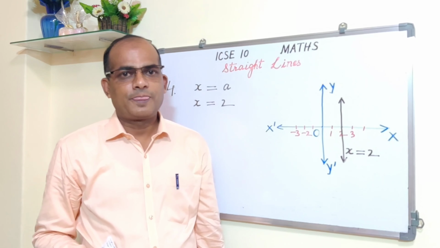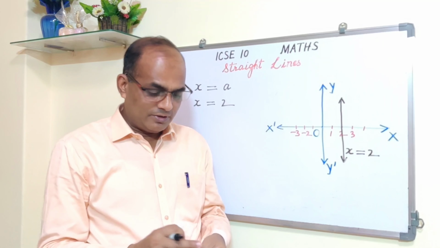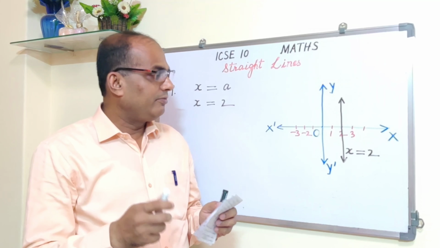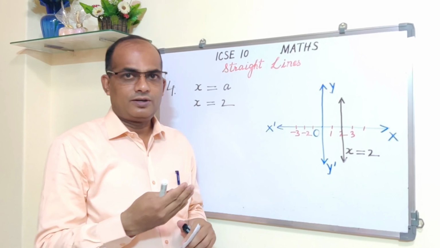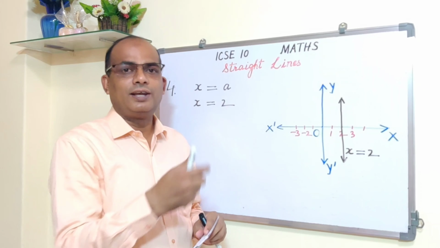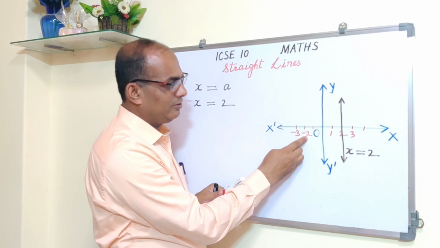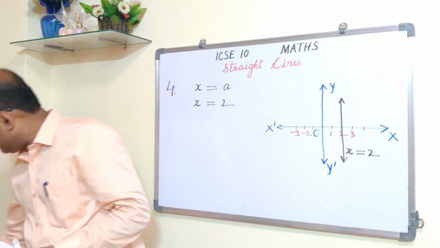Parallel lines. Okay, now if I change the question and ask you about the equation of a line, if the equation is x is equal to minus 3, then how will you draw the line? Minus 3 is here. X is equal to minus 1, x is equal to minus 2, x is equal to minus 3. So in that case, your line will be this.